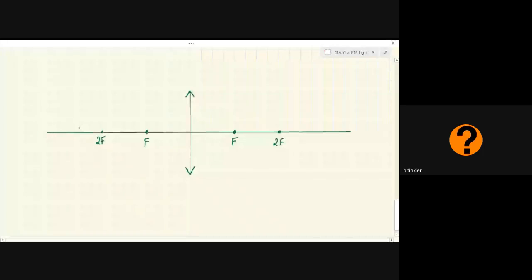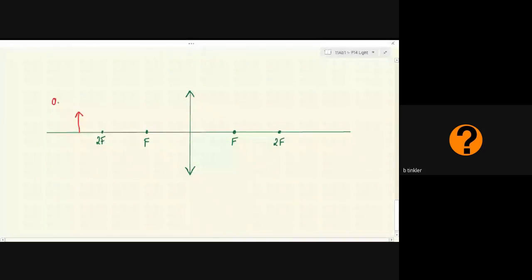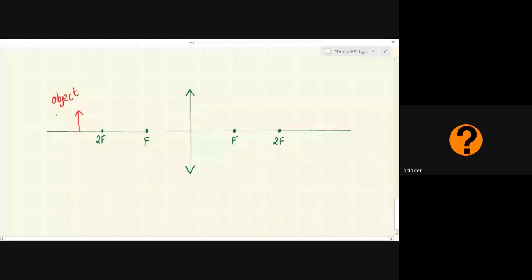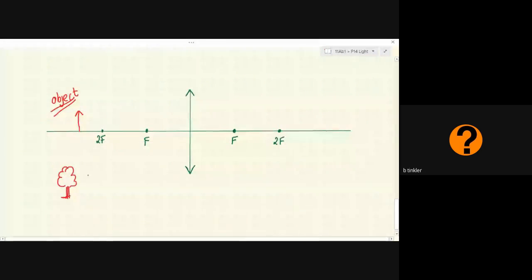So let's imagine we've got an object here. I've drawn it as an arrow because we need to know which way up it is. This object could be a tree, sitting there like that.